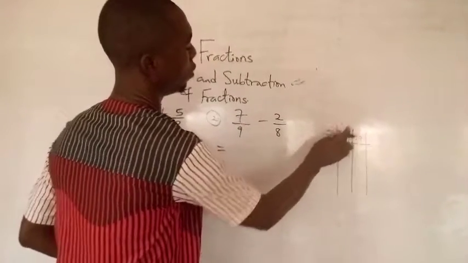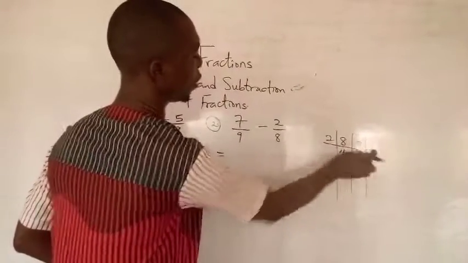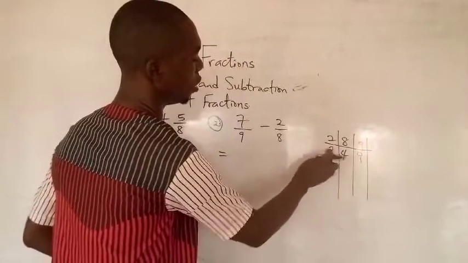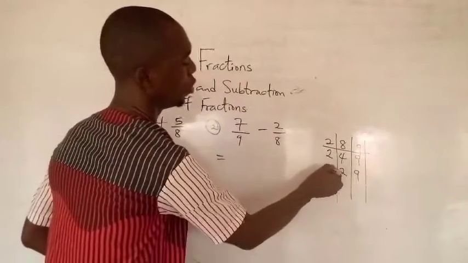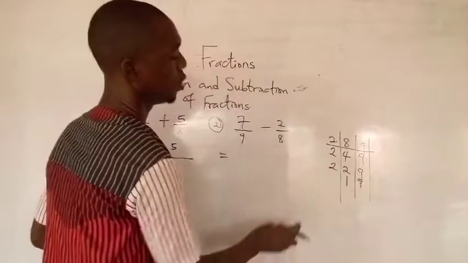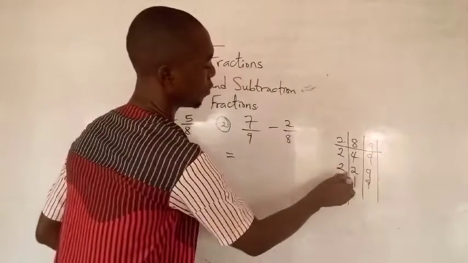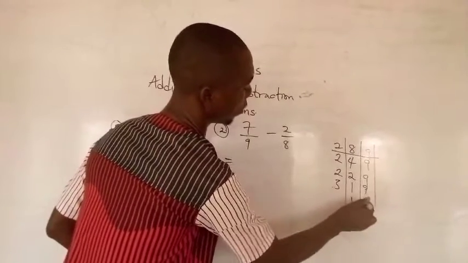2 can divide 8. 2 in 8 is 4. We will write 9 because 2 cannot divide 9. 2 again. 2 will divide 4, 2. You write 9 again. 2 will divide 2 once. Then you still write 9. Now what can we use to divide 9? That is 3. 3 in 9 is 3.